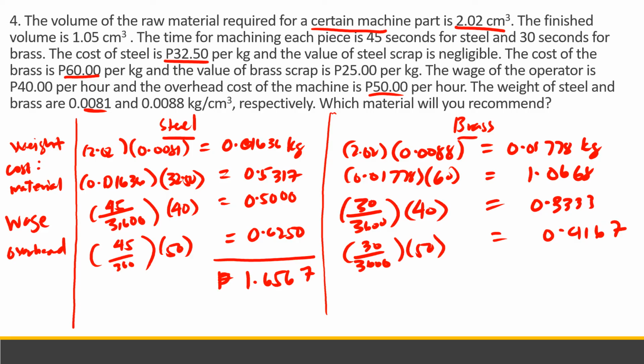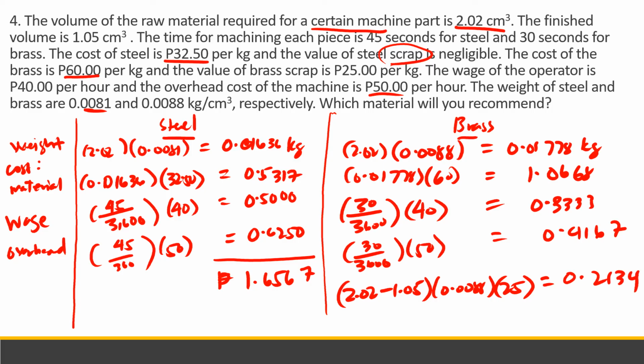So sa brass, the scrap material pwede siyang ibenta ng 25 pesos per kilogram. So the volume of the scrap is 2.02 minus 1.05 multiplied by its weight and also multiplied by the price per kilogram. So this is equals to 0.2134.